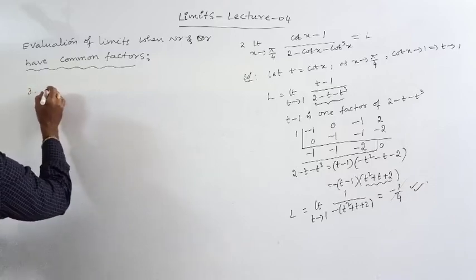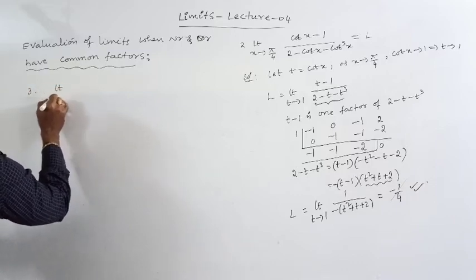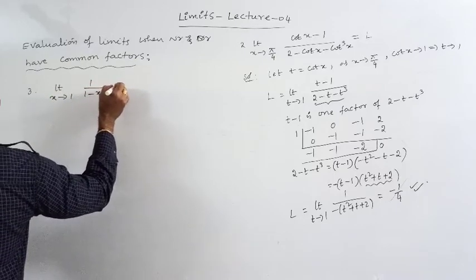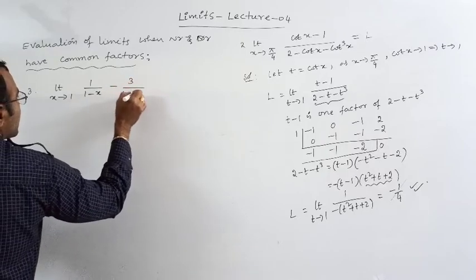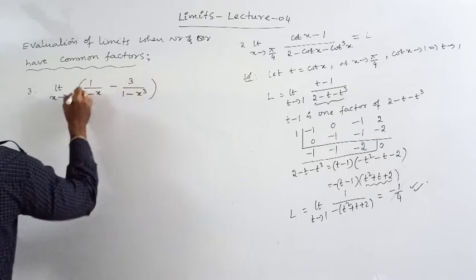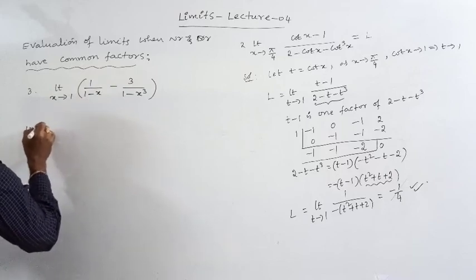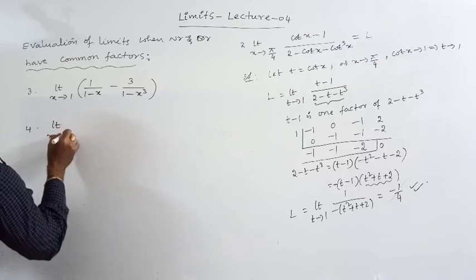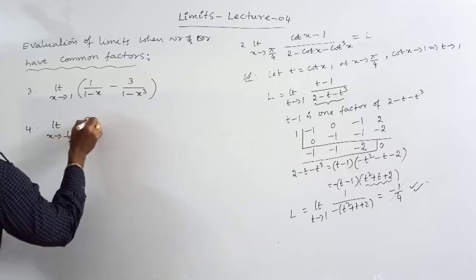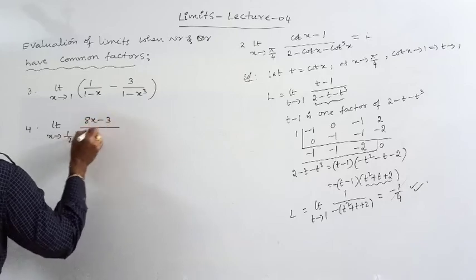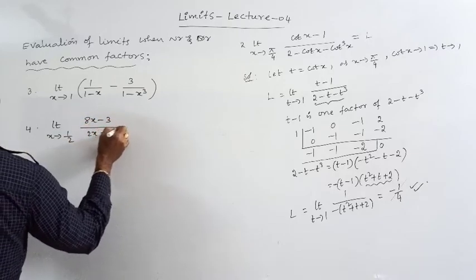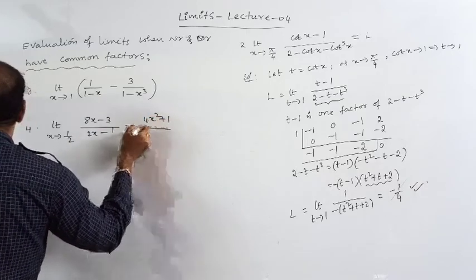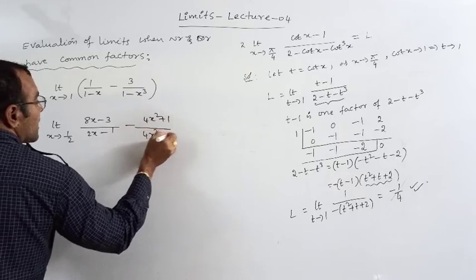Third question. Limit x tends to 1, 1 by 1 minus x minus 3 by 1 minus x cube. Fourth question. Limit x tends to 1 by 2, 8x minus 3 by 2x minus 1 minus 4x square plus 1 by 4x square minus 1.